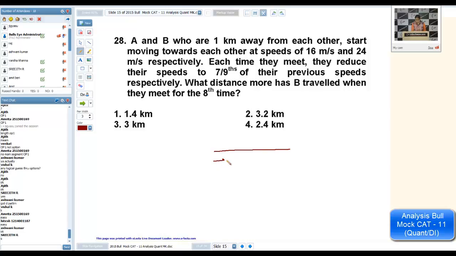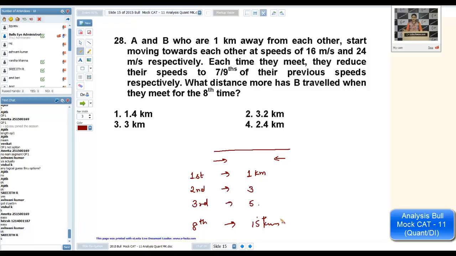Two persons are coming towards each other and they want to meet for the 8th time. For the first meeting, they will cover the complete track 1 time. For the second meeting, they will complete this track 3 times. For the third meeting, they will cover it 5 times and so on. So for the 8th time, they will cover it 15 times, the complete track.